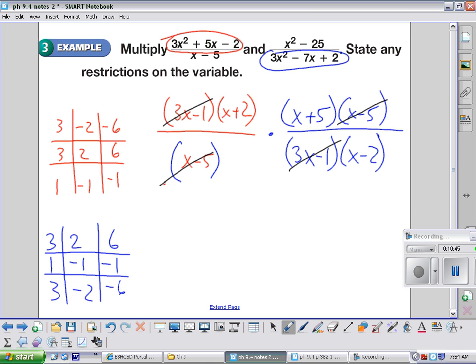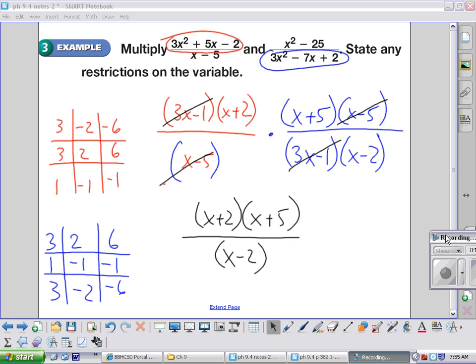So I've got x plus 2 times x plus 5. You can write it like this. You could multiply it back together if you so desire. I would probably accept either. Okay. All right. So you could write it that way.